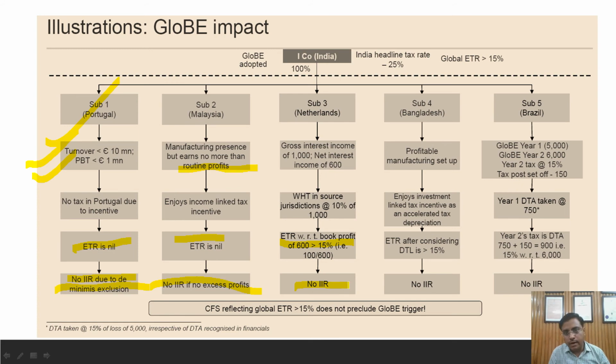In respect of Bangladesh, you have a profitable manufacturing setup and you are enjoying accelerated depreciation, the same way as additional depreciation under section 35AB. Whenever accumulated depreciation is there, you need to calculate deferred tax liability.